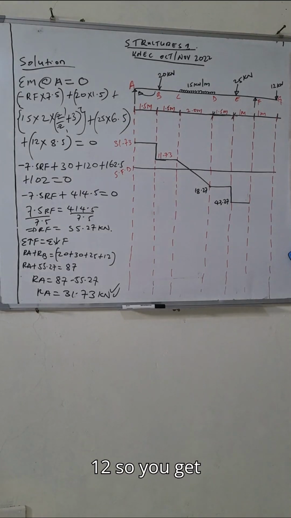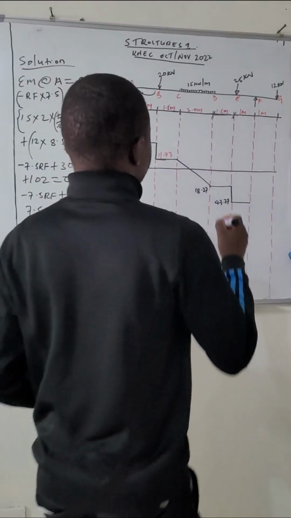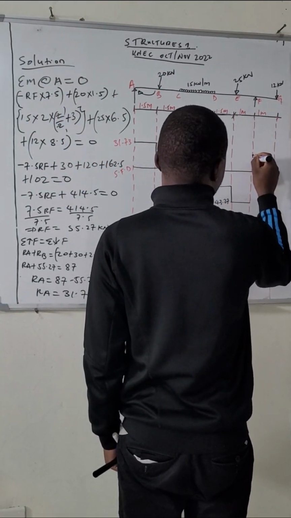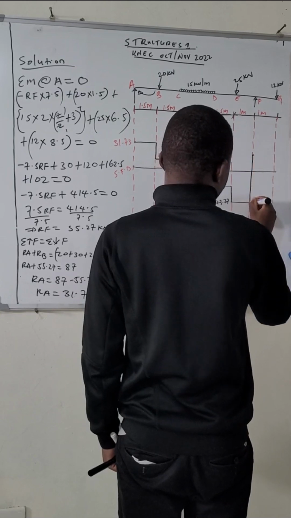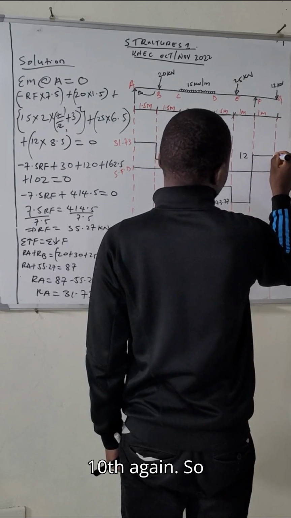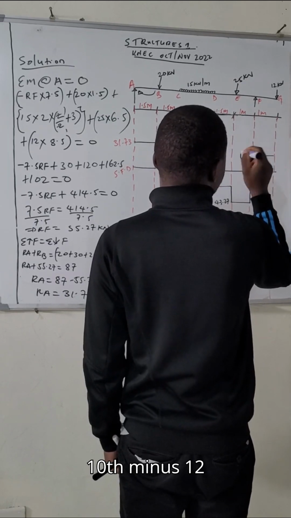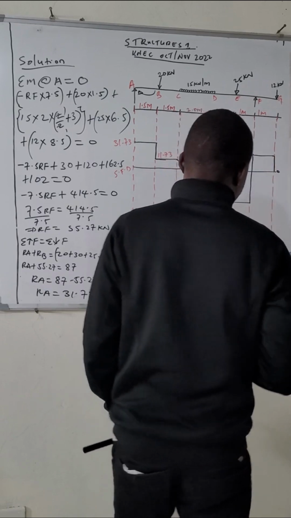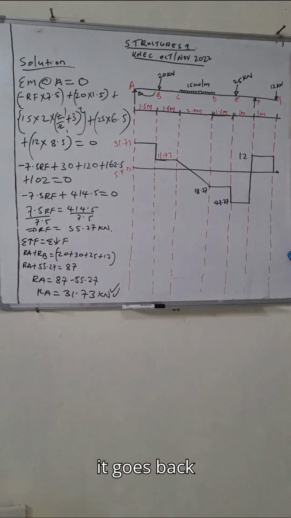That is 12. So this is 12. And then it will be constant up to 12 again. So 12 minus 12 is 0. So it goes back to 0.